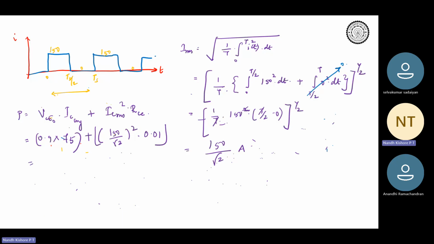Let's do the calculation. I'm getting 180 watts. This is the power loss through the IGBT. Do you get this, like how we did?